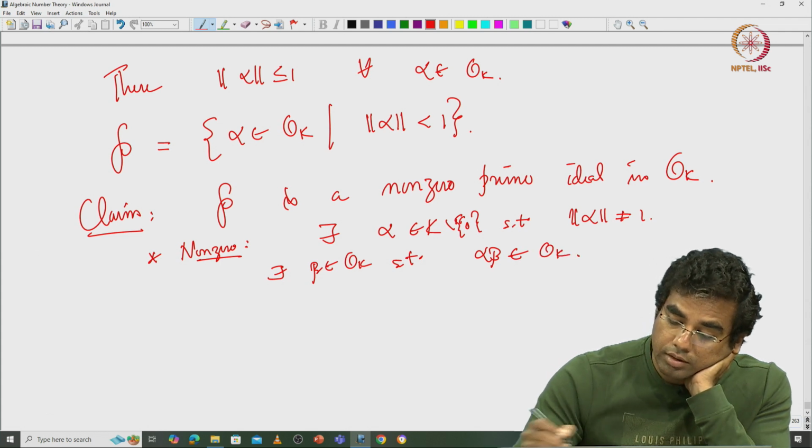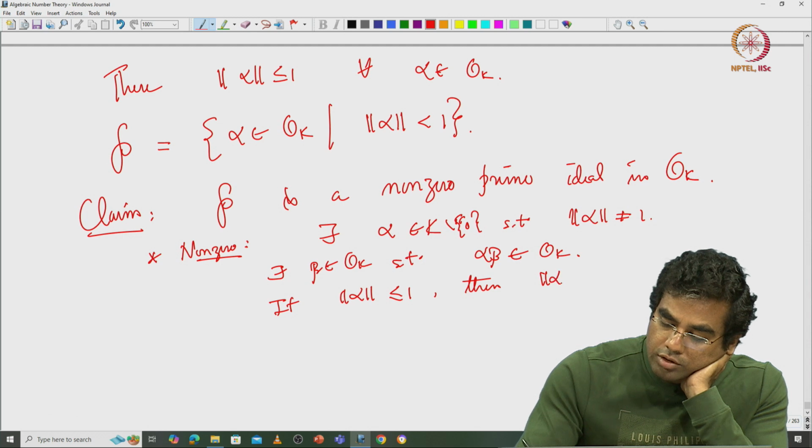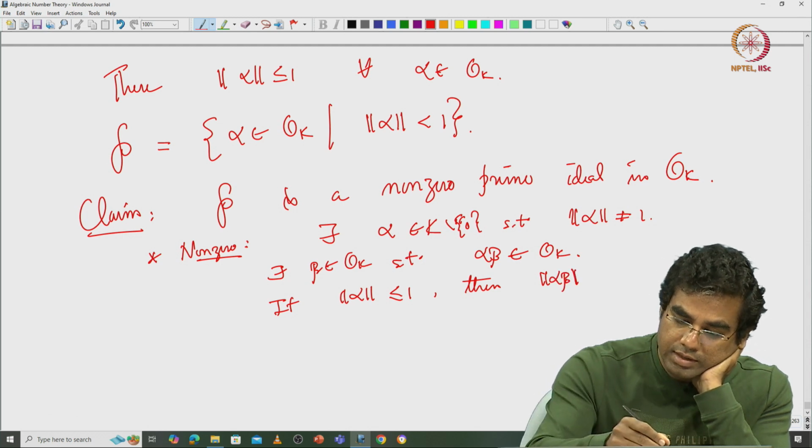Now, if valuation of alpha is less than or equal to 1, then valuation of alpha beta is strictly less than 1, because I know that it is not equal to 1.